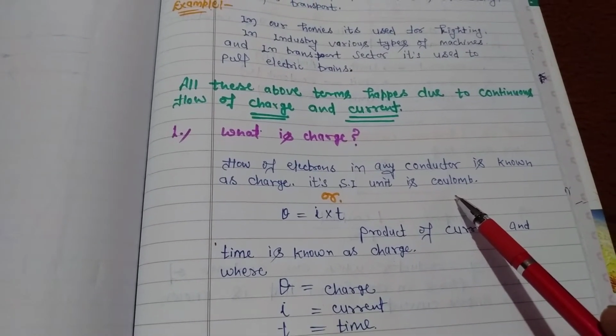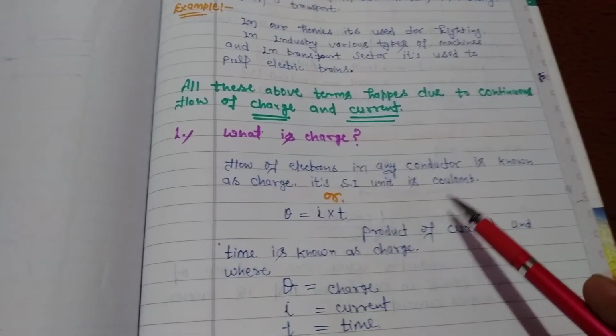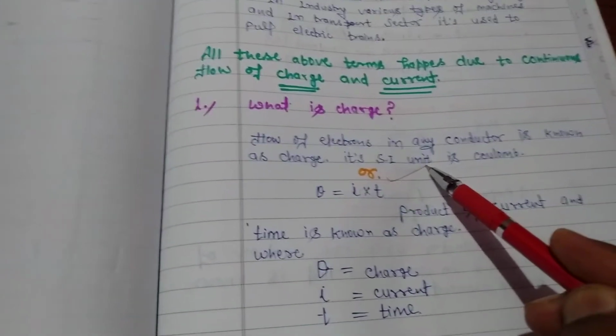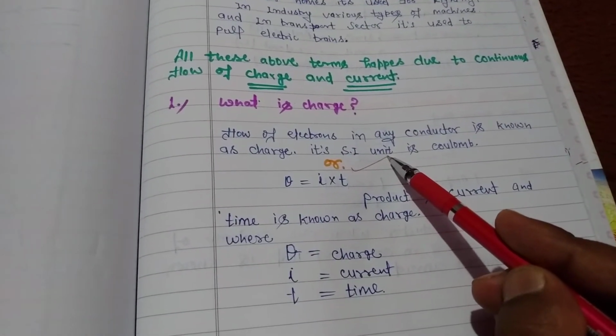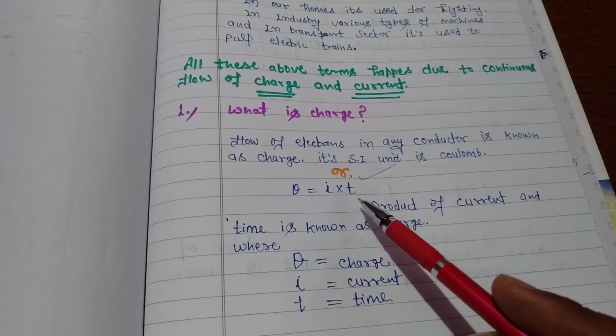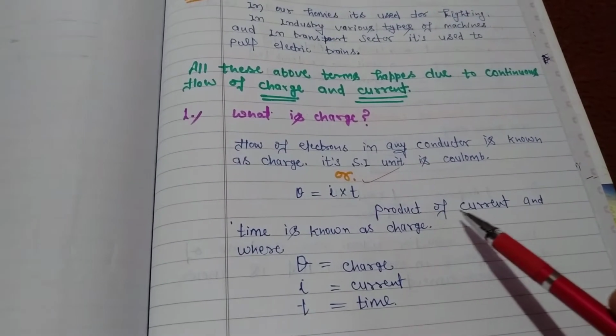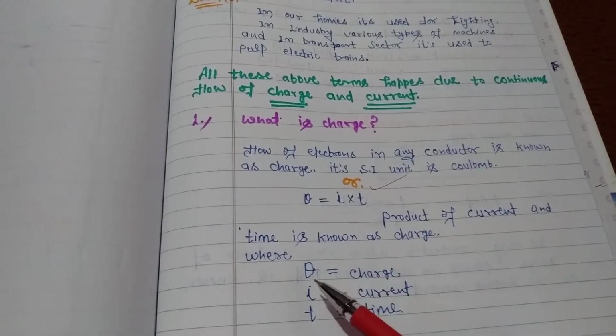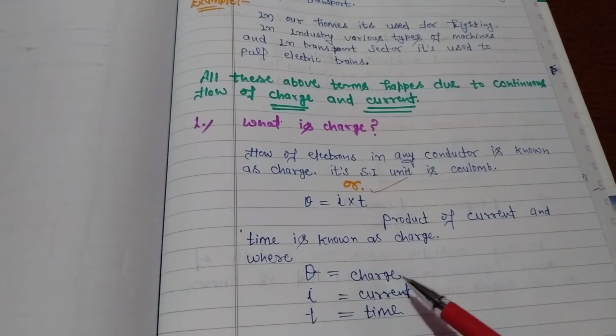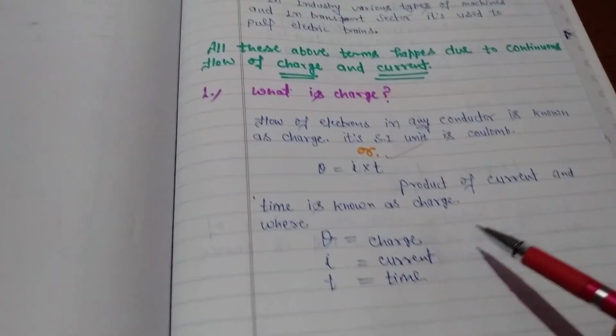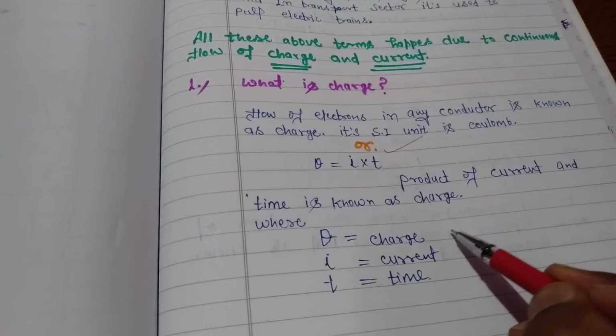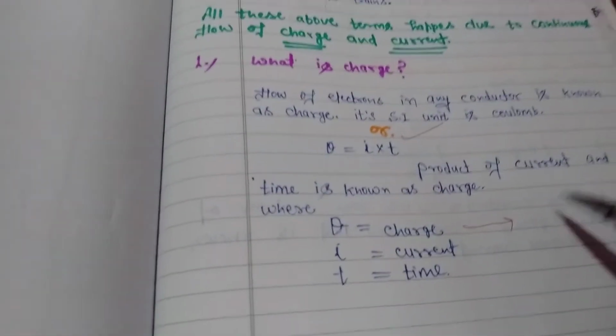coulomb. My dear students, in mathematical form you can define Q is equal to I into T, and you can write product of current and time is known as charge, where Q is charge, I is current, T is time. Just in front of it you can write units.